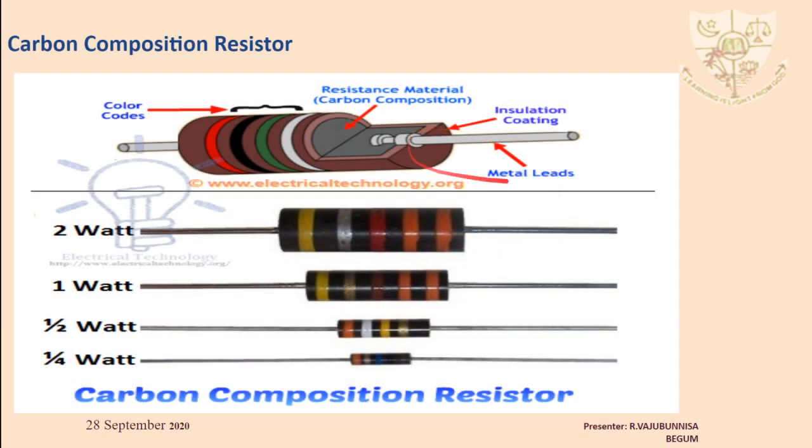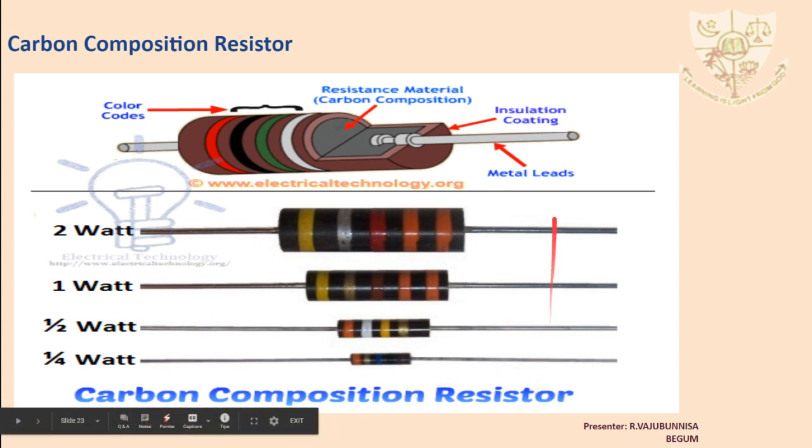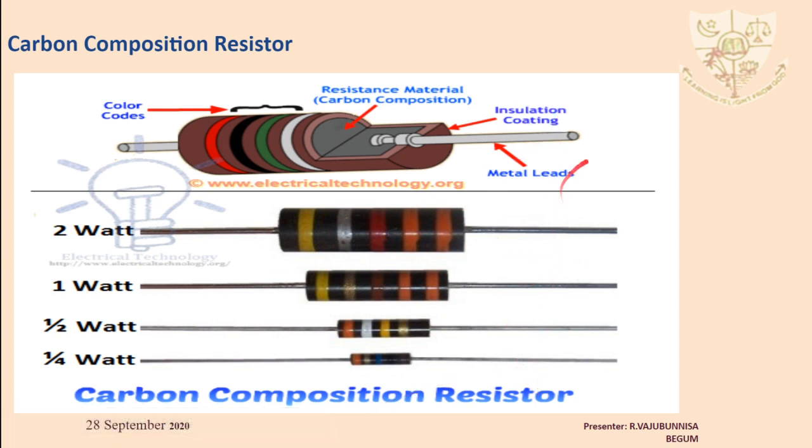So this is another type of fixed resistor which is very popularly used: the carbon composition resistor. It is a passive component, also used to restrict the flow of electric current to a certain level.